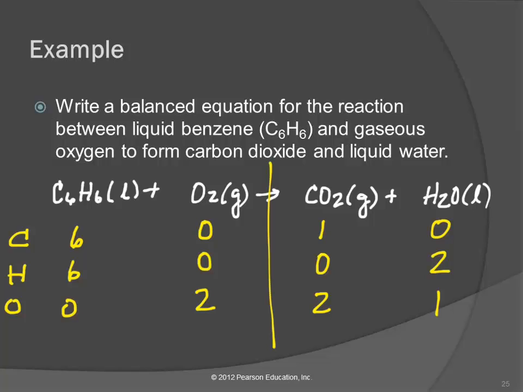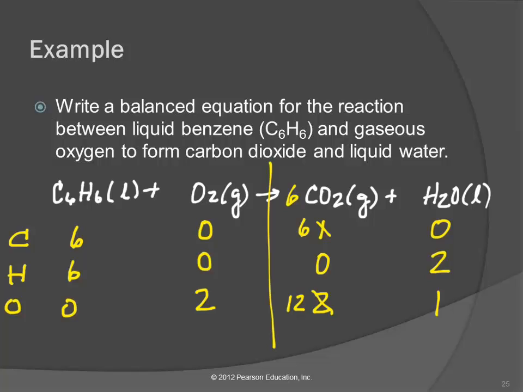We need to put a coefficient in front of the CO2, because that's the only one. We need to put a 6 here, so that we can have 6 carbons. So that's going to multiply all these guys. This is going to be 6. H's are still 0 there, and this is going to be 12. 6 carbons on one side, 6 carbons on the other side.